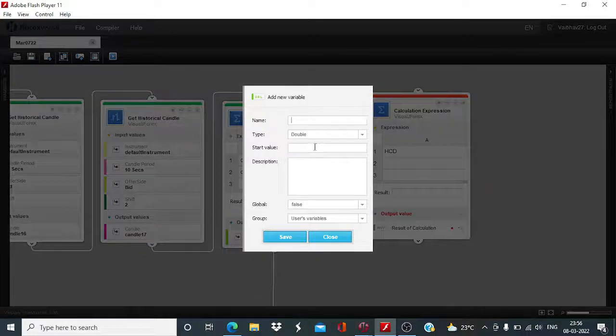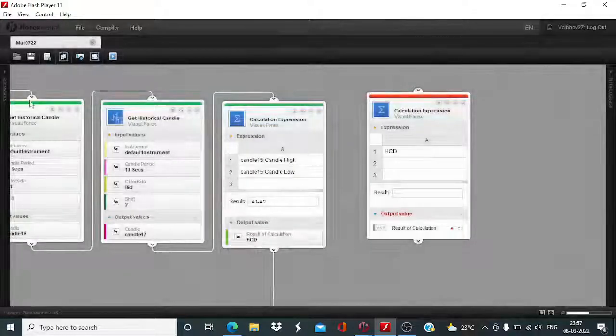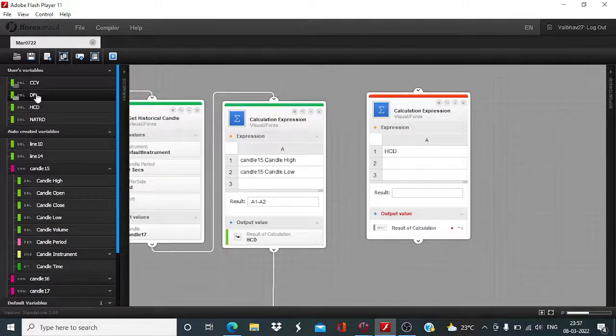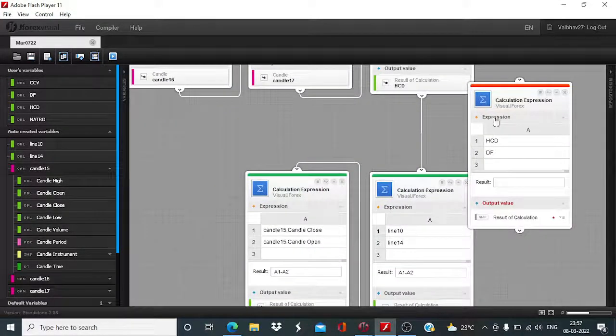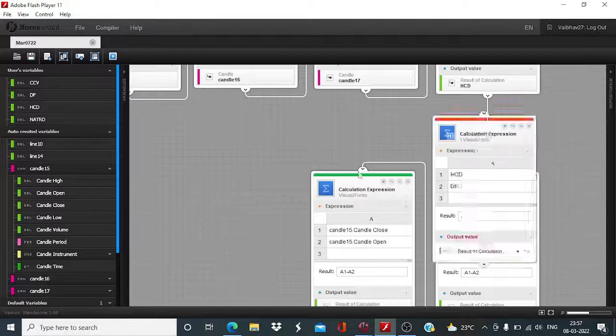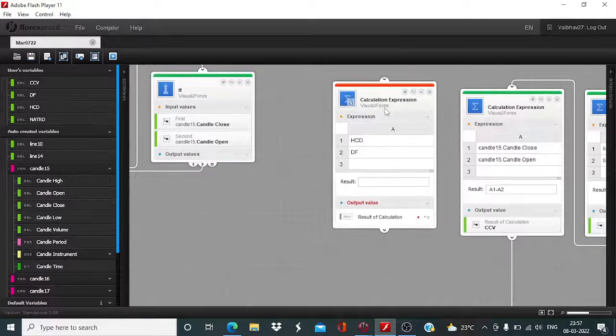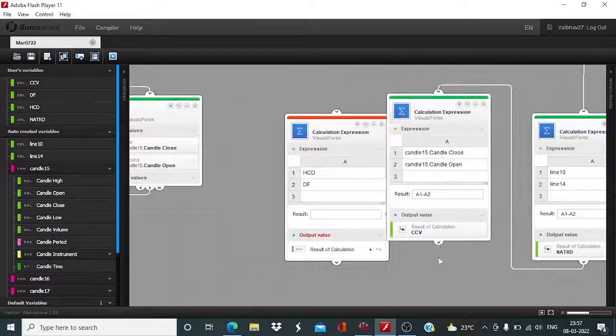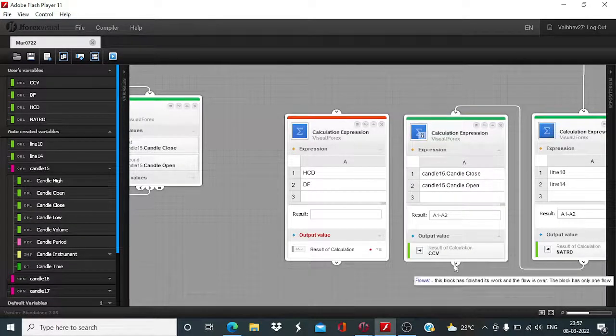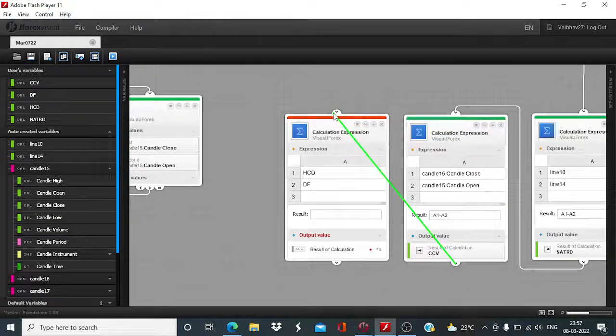I will create a new variable with the start value of 2, dividing factor. As I had said earlier, now again we have to break the flow and connect it to this next calculation expression block.